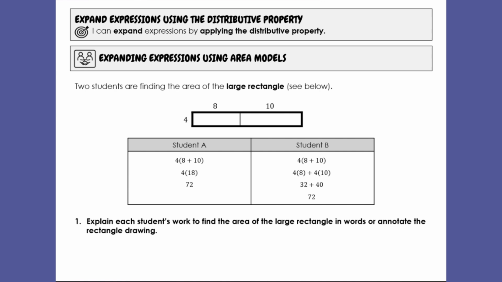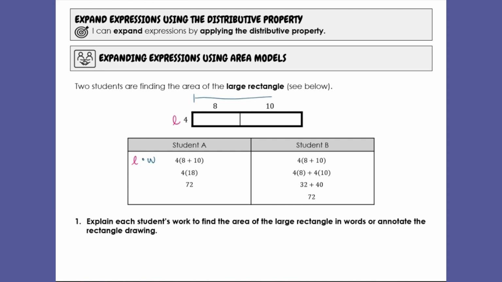So in student A, you can see that they essentially took, we're going to call 4 the length. They took the length and multiplied it by the width.